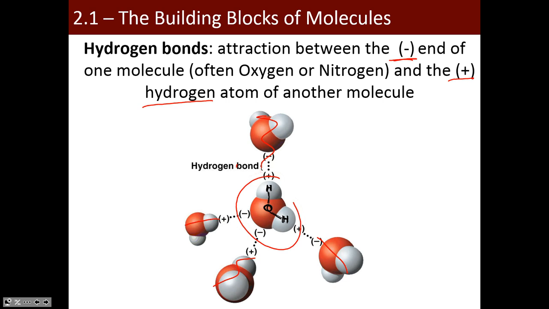Because of oxygen's electron greediness, the fact that it wants to hold those electrons close to it, the oxygen becomes partially negatively charged, and the hydrogens become partially positively charged. This is a polar covalent bond. So this bond right here, and this bond right here, are polar covalent bonds.